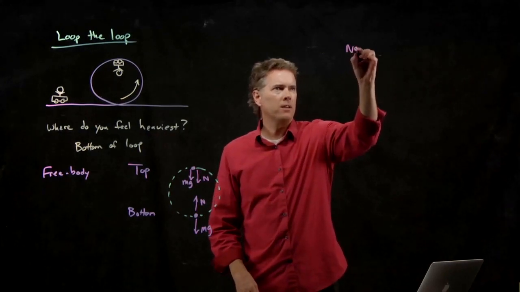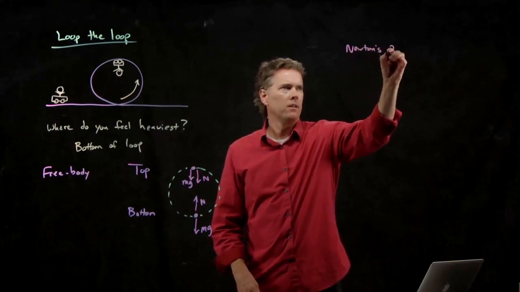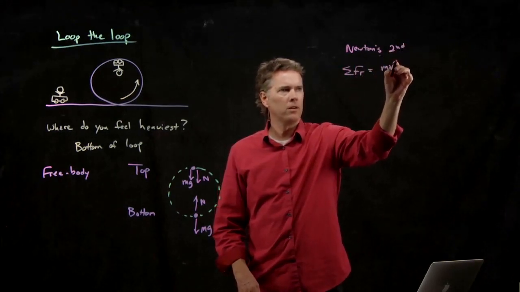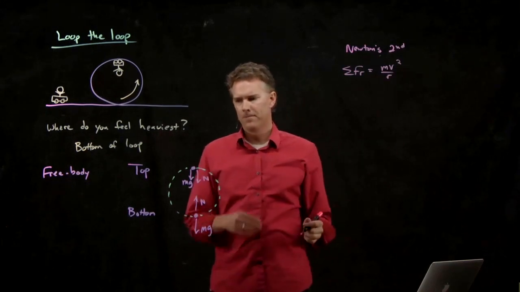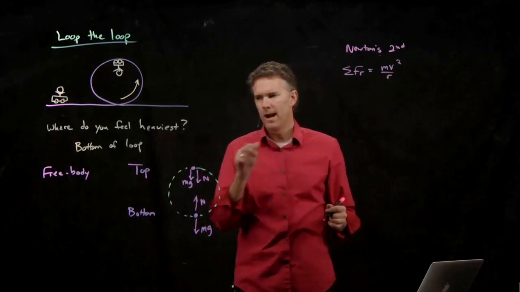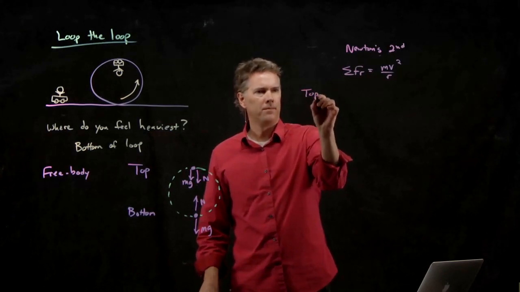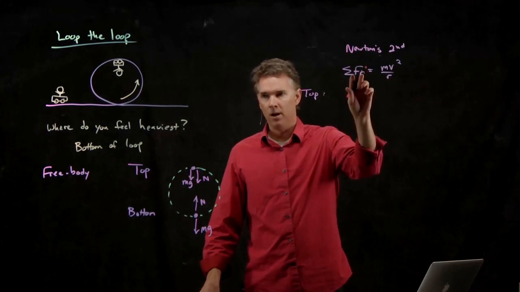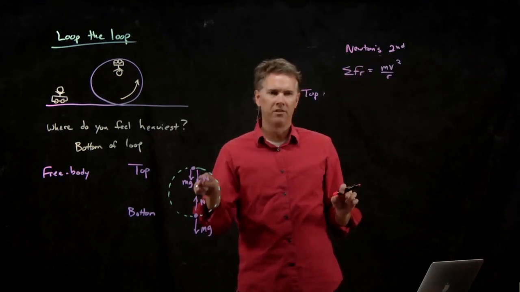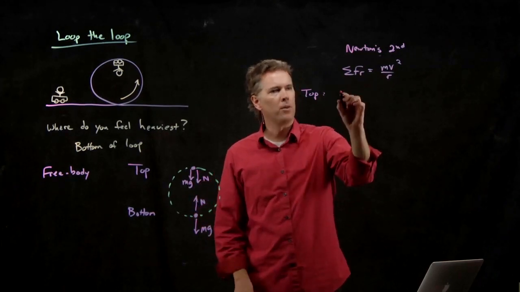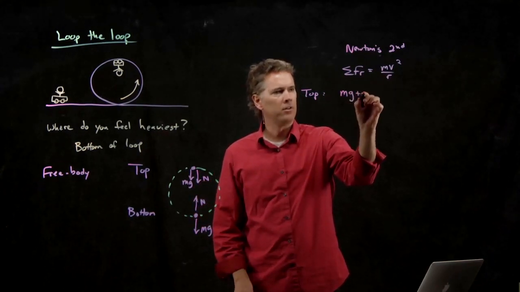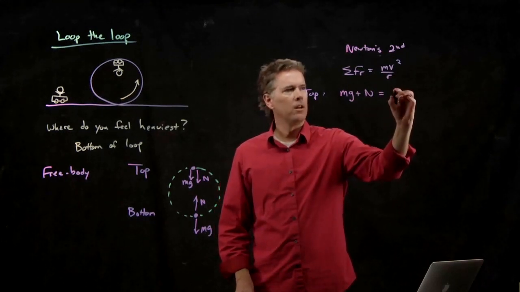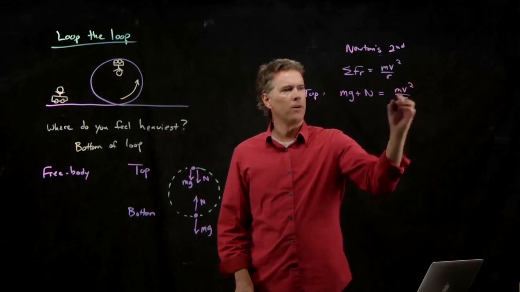Let's go to Newton's second. Newton's second, of course, says sum of the forces in the radial direction is equal to mv squared over r. When we're at the top, we have two forces to worry about, but they are both towards the center of the circle, and so they both have the same positive sign. mg plus N equals mv squared over r.